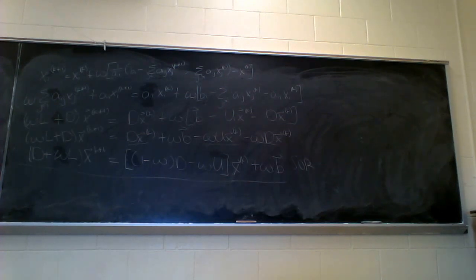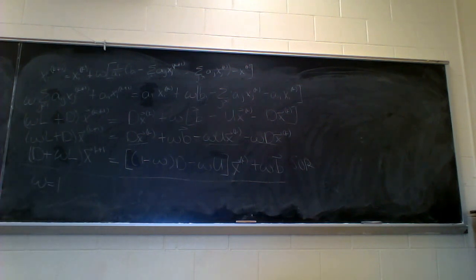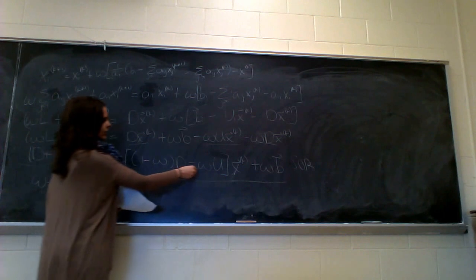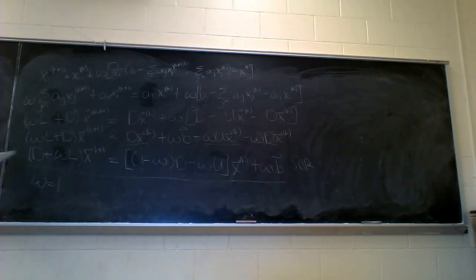Yes, that looks good. So now if omega equals 1, then what would we have here? Right, so it actually reduces to the Gauss-Seidel. So if we have 1, this would be 0, so we just have minus omega U, but then we have D over here.